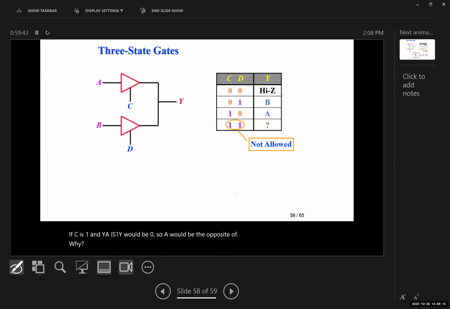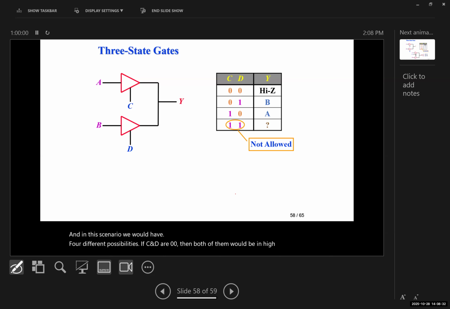Now, two tri-state gates could be connected together, the outputs. And in this scenario, we would have 4 different possibilities. If C and D are 0, 0, then both of them would be in high impedance.